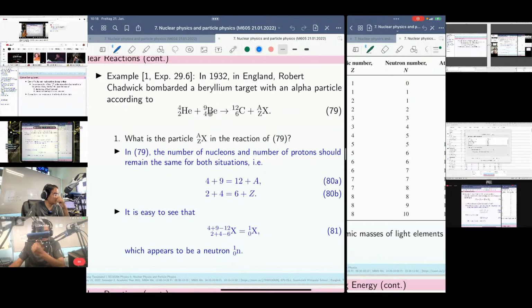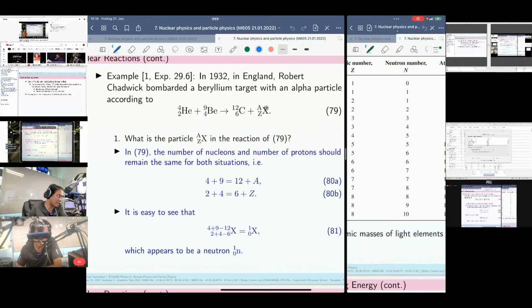To balance this process, let's consider the number of nucleons, the numbers in the upper part of those four particles. On the left hand side, the input side, 4 plus 9 becomes 13. On the right hand side, it's 12 plus A, where A is the number of nucleons for the X particle.